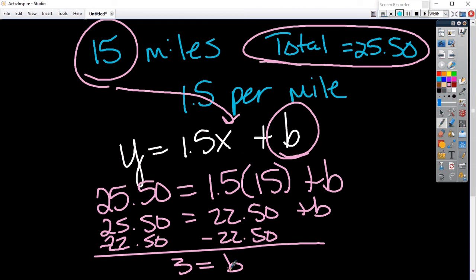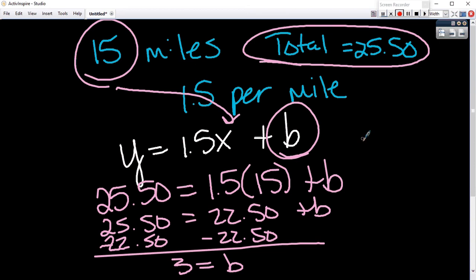That's your flat fee, regardless. That's your constant. How much do they charge per mile? What's your slope or your rate? $1.50. So my equation is 1.5x plus 3.